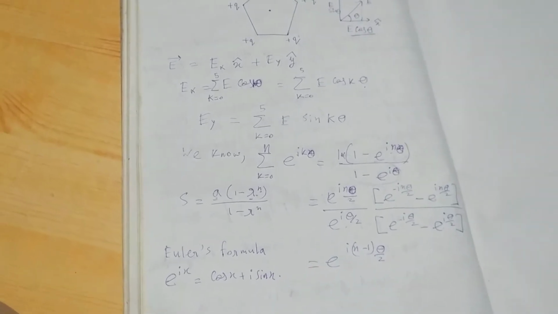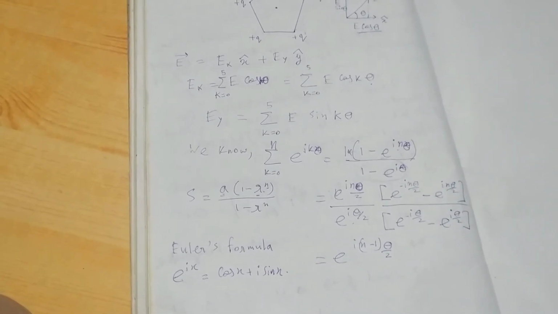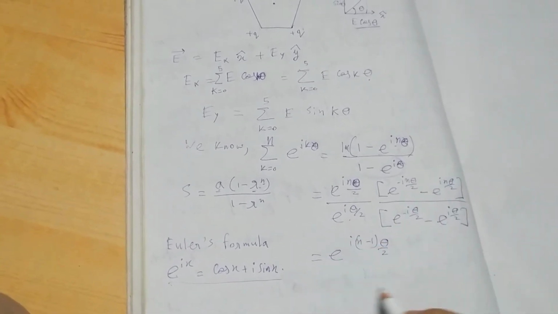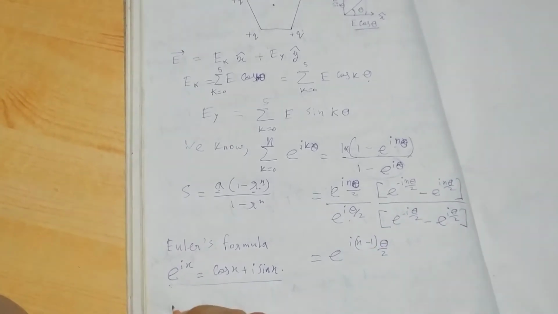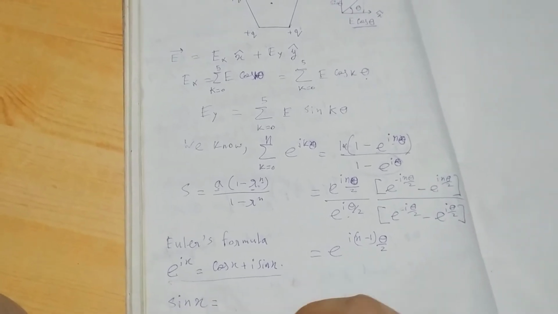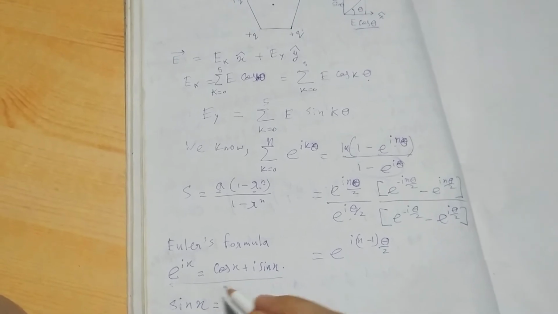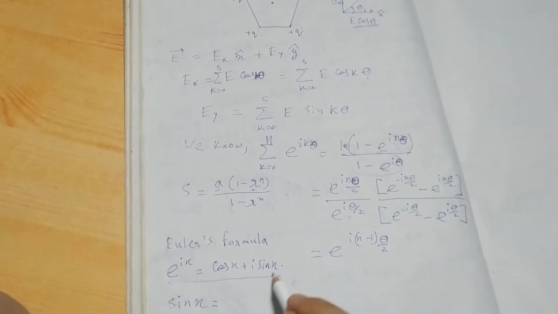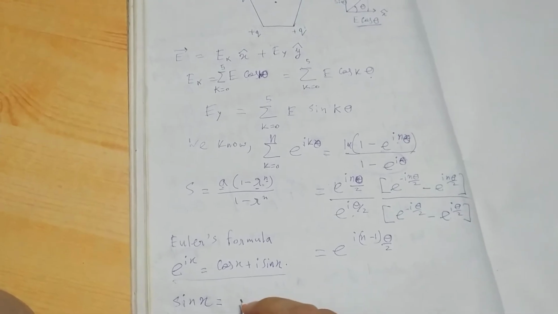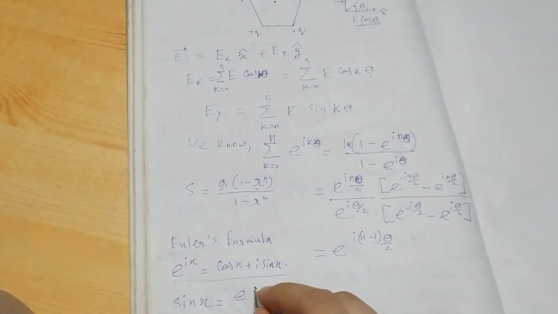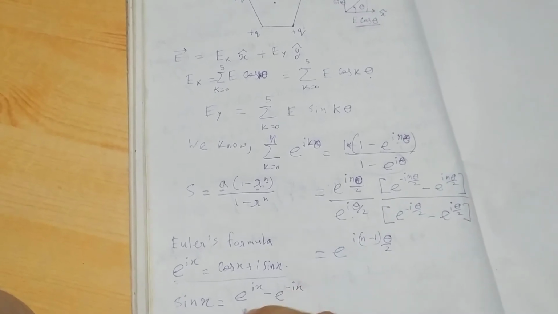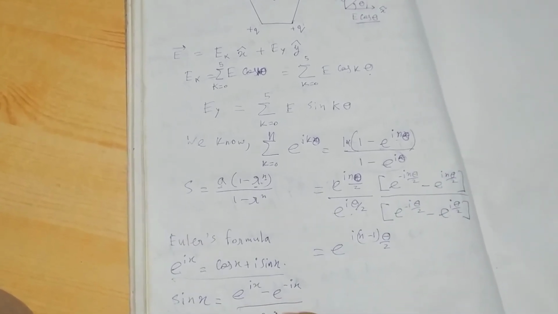And another thing which I will take here, that is sin x, I can get from this formula itself, that is sin x is equal to e to the power ix minus e to the power minus ix by 2i.